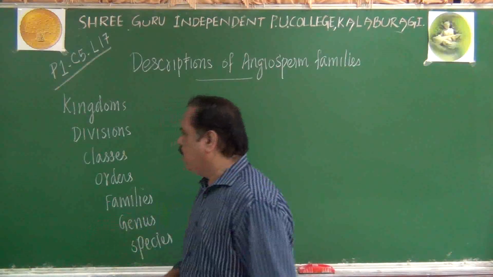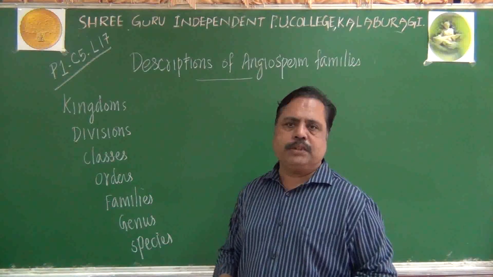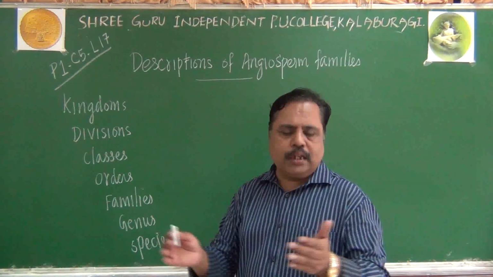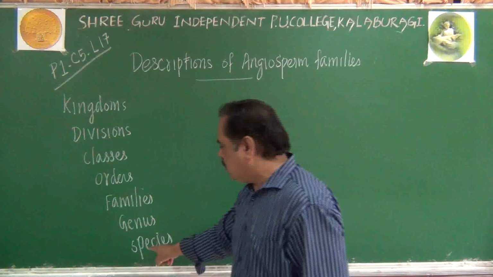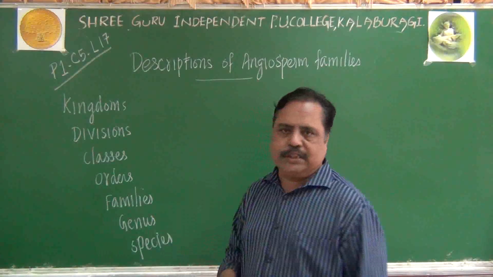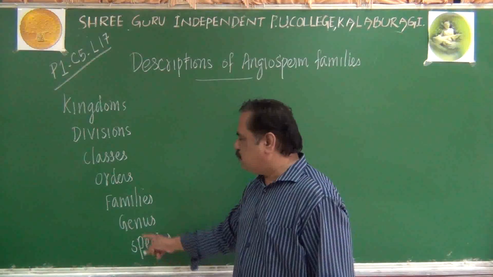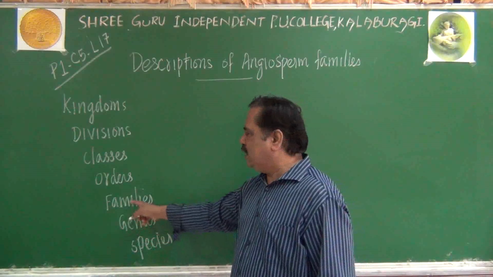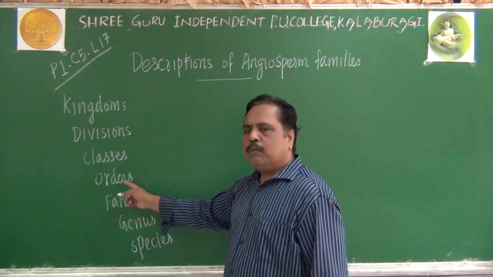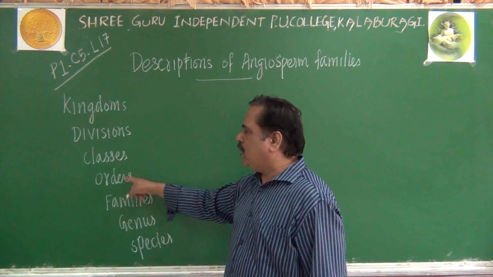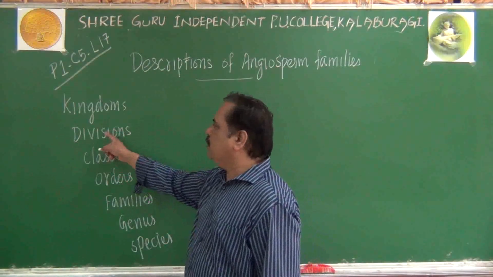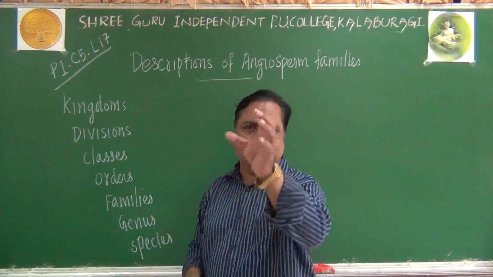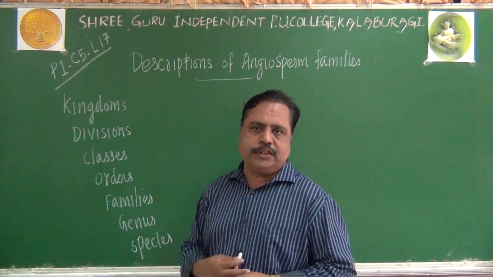So a group of organisms sharing similar characters will be grouped into species. Many such species will become a genus, genus will become family, group of families will become order, group of orders will become classes, classes will become division and kingdom, like that. Various groups we can differentiate.